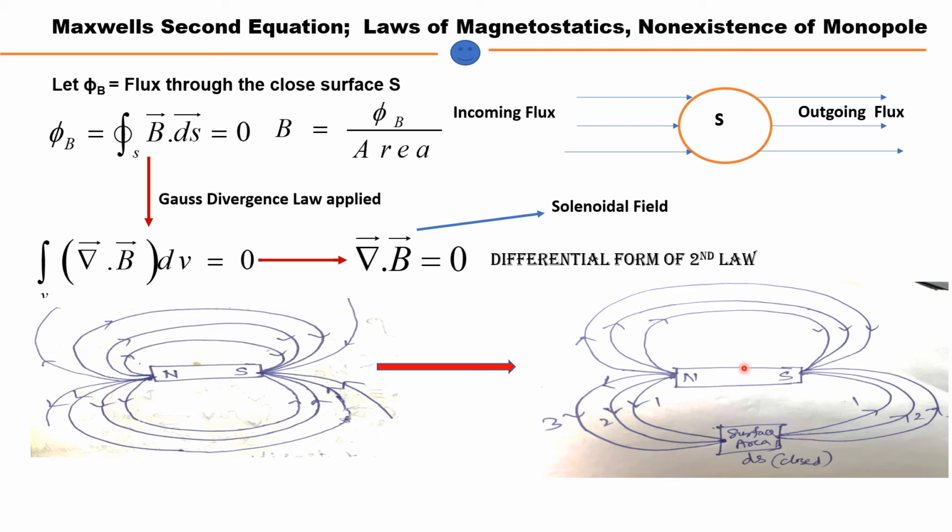So in nature there won't be any magnetic monopole; the north pole and south pole coexist. This is the physical significance of Maxwell's second law, which comes from the laws of magnetostatics. Hope you understand it very well.